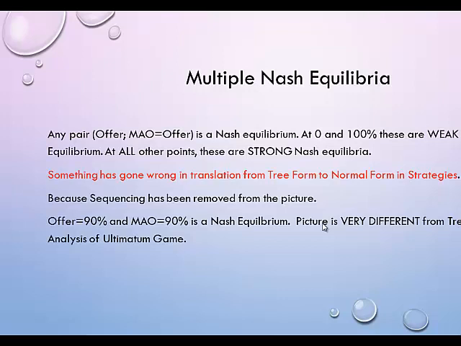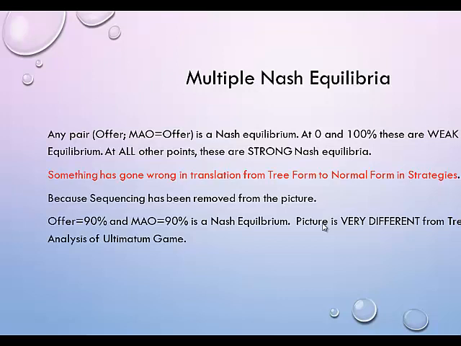In our initial analysis of the ultimatum game, we saw that the first player has a tremendous advantage and should offer 1 and keep 99% for himself, and the other player will be forced to accept. But here we are seeing that the second player can actually take all the money if he has a high MAO in the Nash equilibrium.